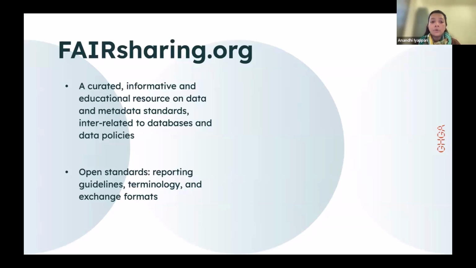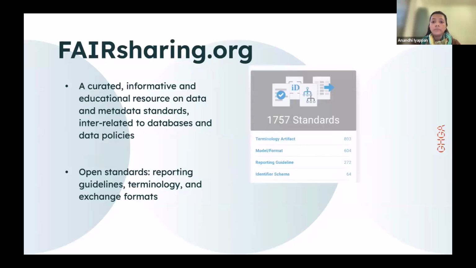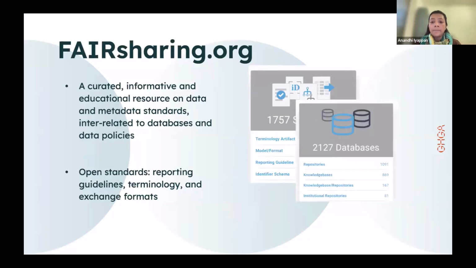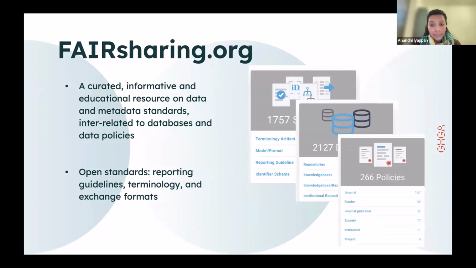They establish and promote open standards, ensuring how reporting guidelines should be done, the different terminologies, exchange formats, ontologies, taxonomies, to name a few. So far, FAIRsharing has developed up to 1,757 standards across 2,000 databases, and they have also come up with various policies across the wider scientific community.